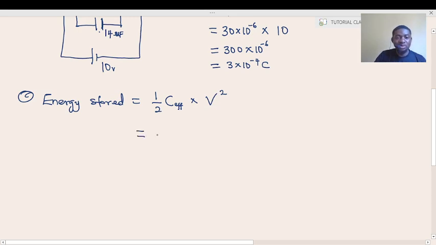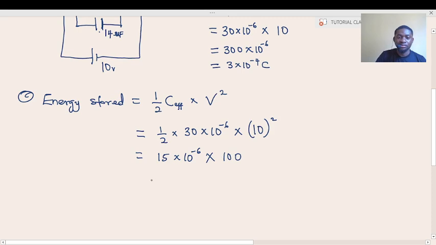The energy stored will now be 1 over 2 multiplied by the effective capacitance, which is 30 times 10 raised to the power minus 6, multiplied by the square of the voltage, which is 100. Mathematically, this is 15 times 10 raised to the power minus 6 multiplied by 100.